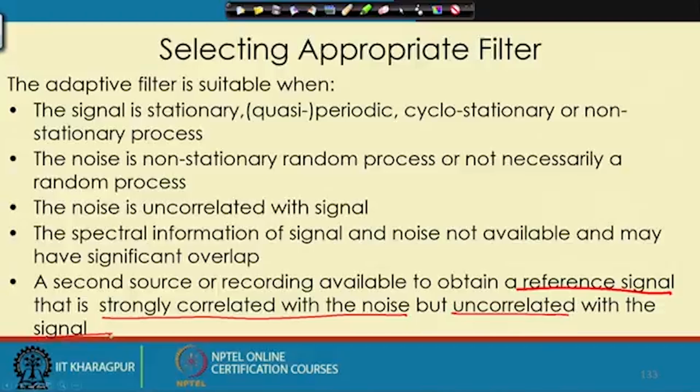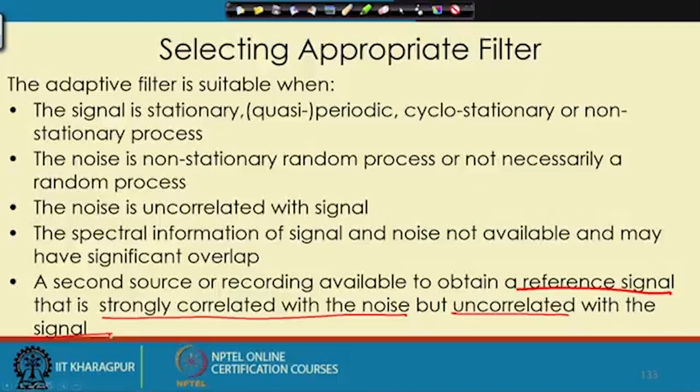So, this is another thing that is required, however, this does not seem to be a very compelling constraint, because whenever there is a noise we can get some other source to capture it.